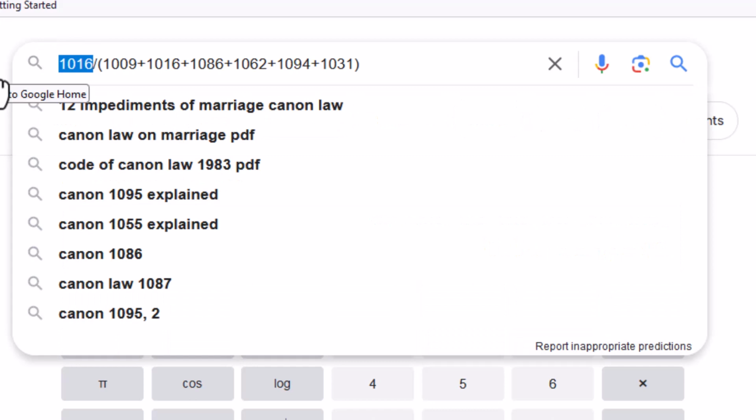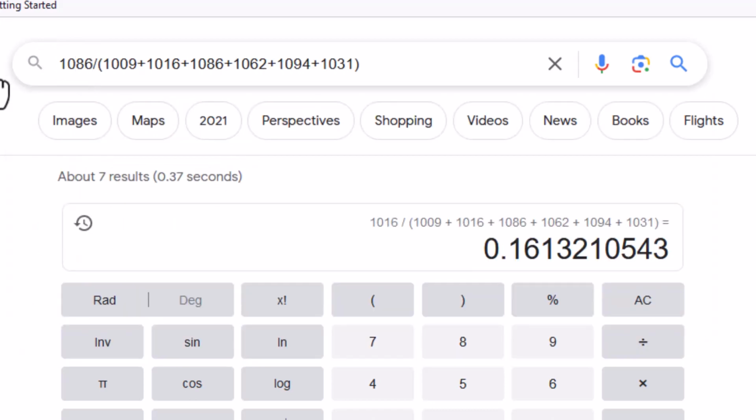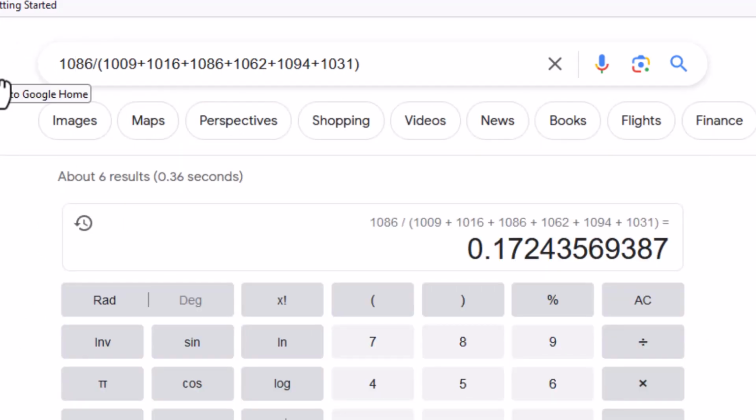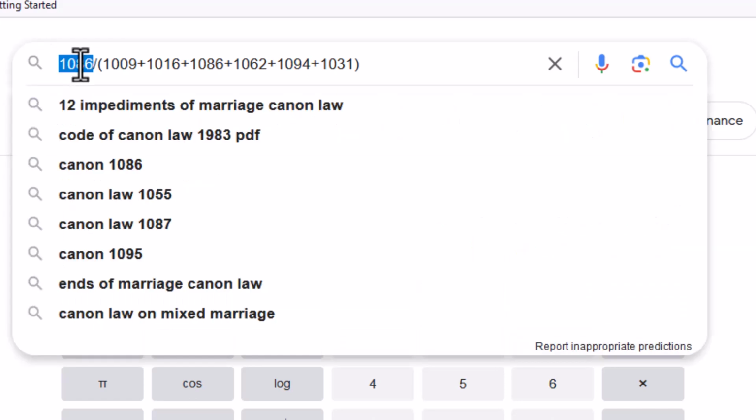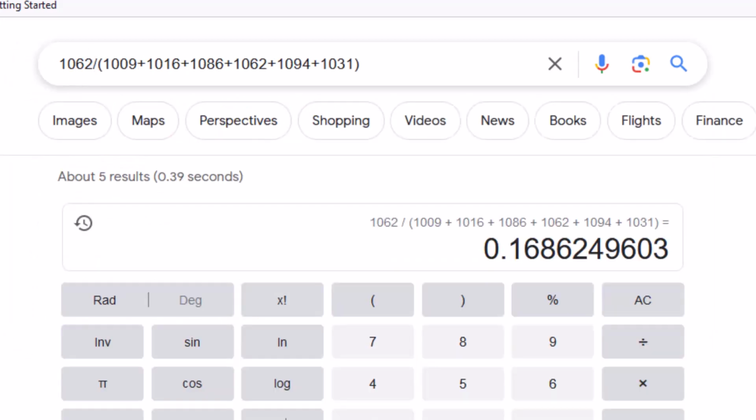The next one, 1086. This is 17.2%. Fun. That's the chance of rolling a 3. What's the chance of rolling a 4? 1062. That's 16.9%.